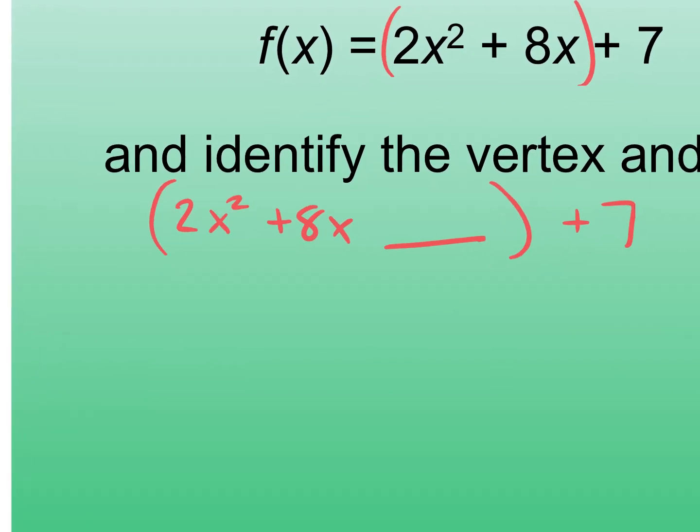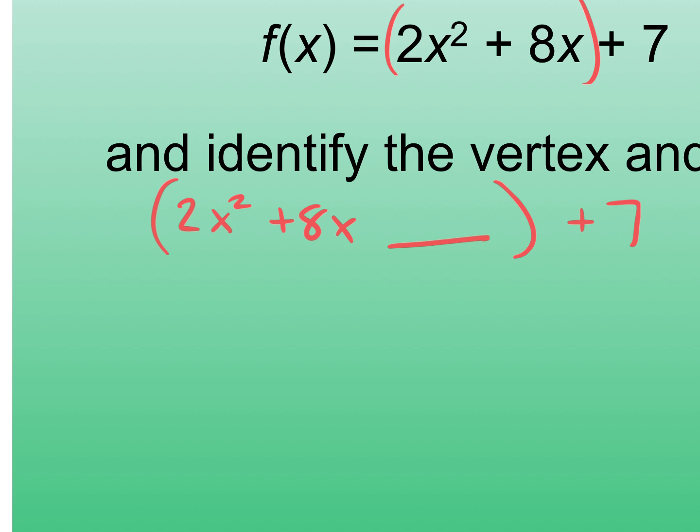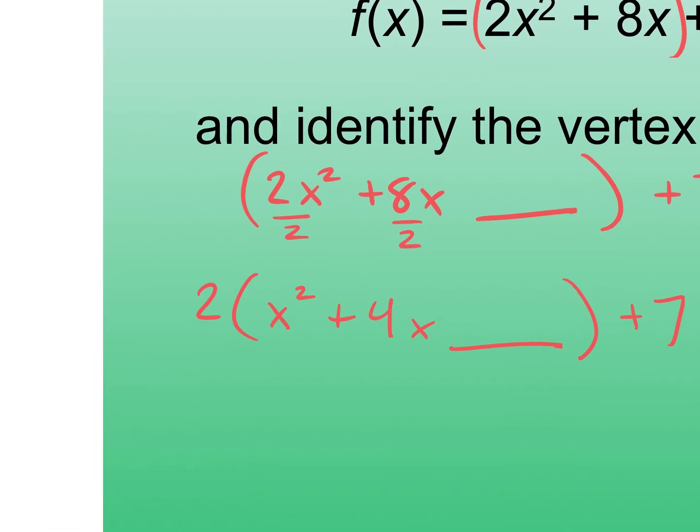We need the leading coefficient, the term in front of the x squared, to be 1. So I'm going to divide both of the numbers inside my parentheses by 2 and take it on the outside. So I'm left with x squared plus 4x, I'll leave a space there, plus 7. What's the little formula we use to complete the square?